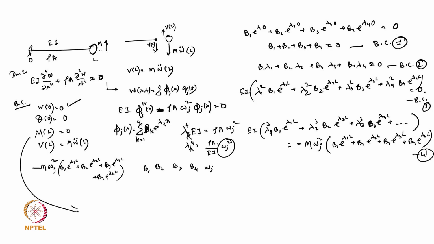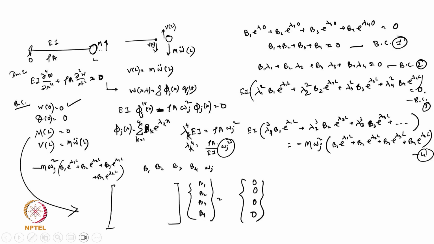Okay, so if you see here, we can do the matrix way also, that we can write first, that is like your W, theta, in P, sorry, B1, B2, B3, B4, and I am just making it this way, B1, B2, B3, B4.